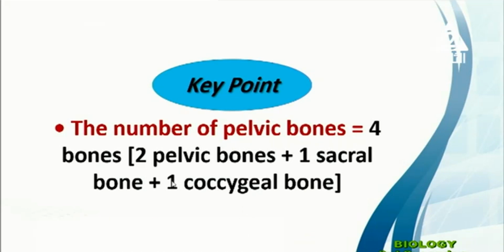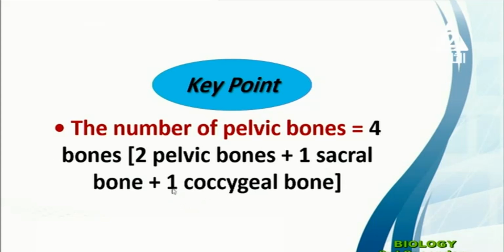The difference in the pelvic girdle between human male and female. I'm going quickly to make you understand the difference. This is the pelvis in male. Its angle is smaller than in the female pelvis.